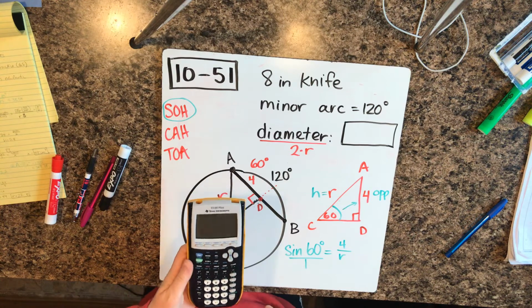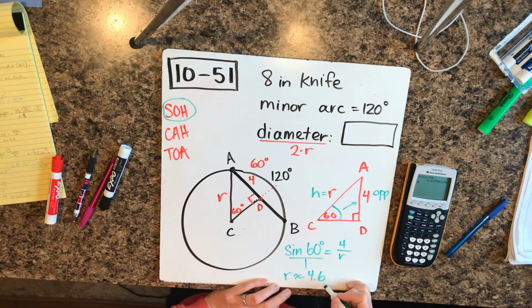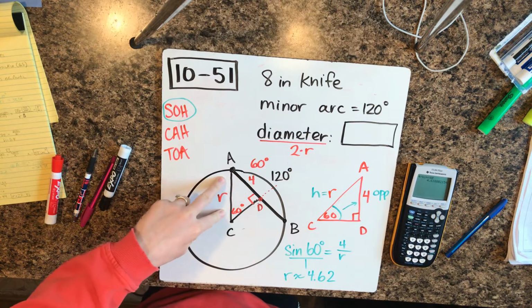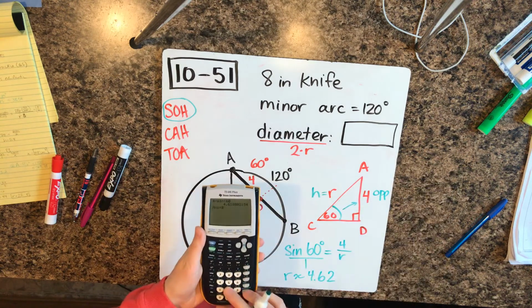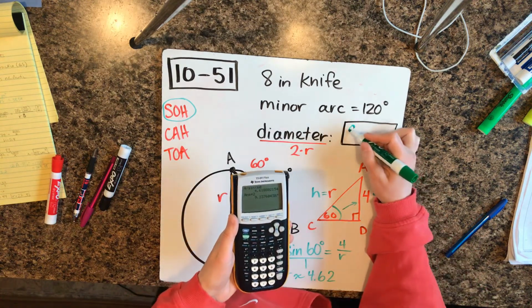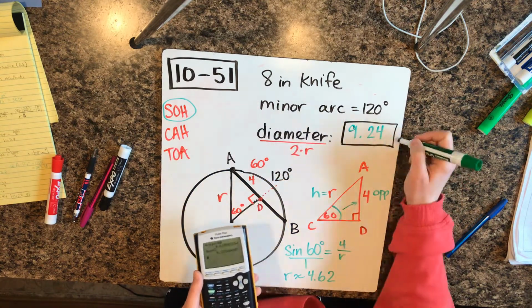So 4 divided by sine of 60 is approximately 4.62. Now remember, that represents the radius of the triangle. But the question asks for the diameter. So if we know the radius, we just multiply times 2, and I get 9.24 inches.